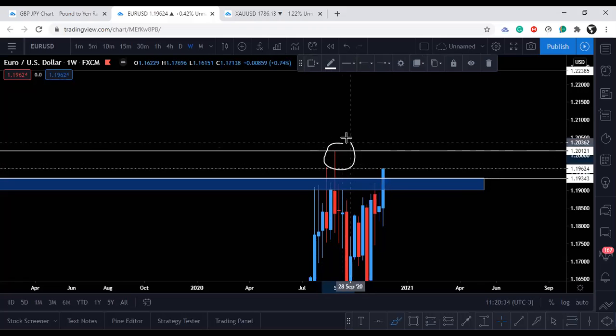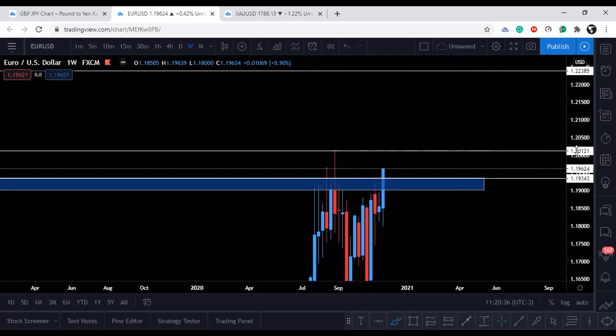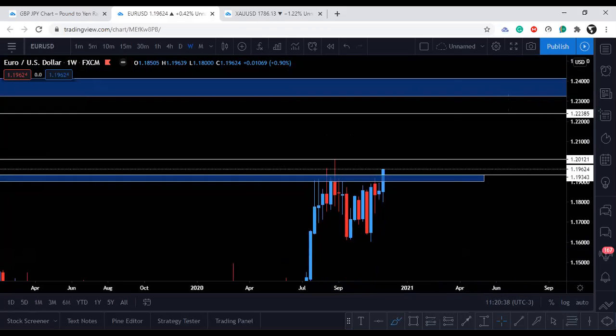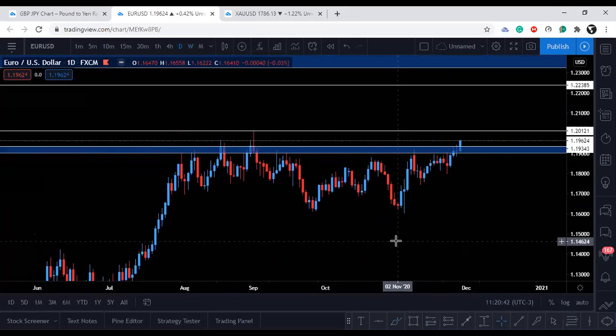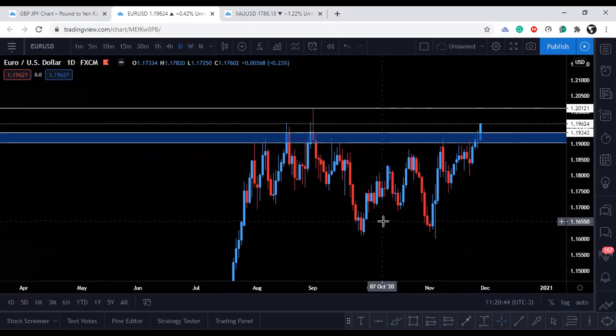This rejection candle. I think what may happen is, can you go to the daily? What can happen is that the good buy would be if we come down here, and this area is a good support. So if it comes down here, you can buy from here till here as well.